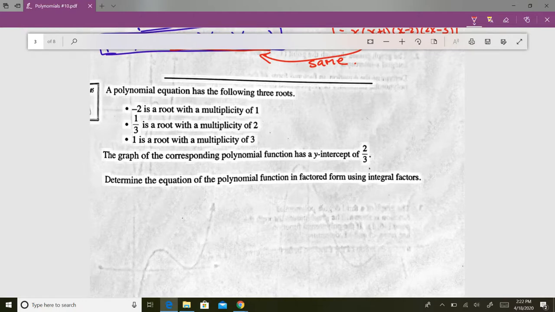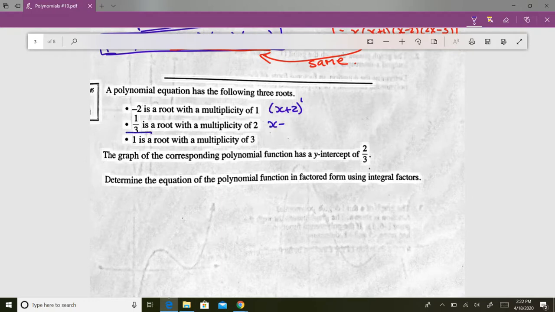Polynomial equation has the following 3 roots. Negative 2 is a root with a multiplicity of 1. So if negative 2 is a root, that means it's x plus 2 with multiplicity of 1. 1/3 is a root with a multiplicity of 2.